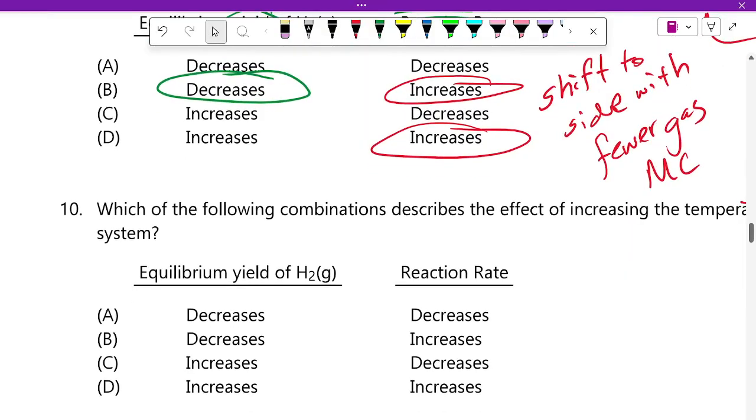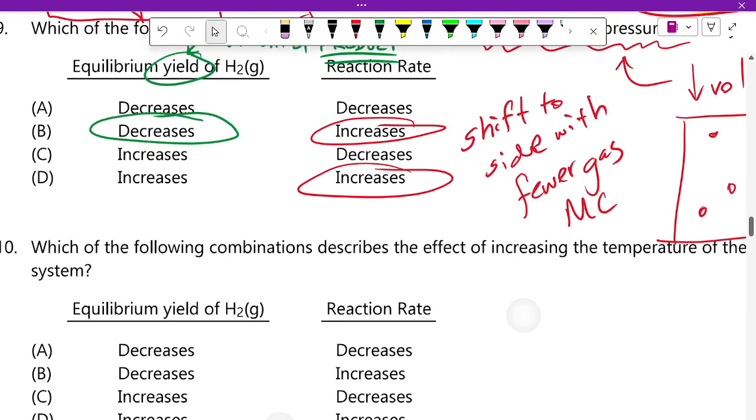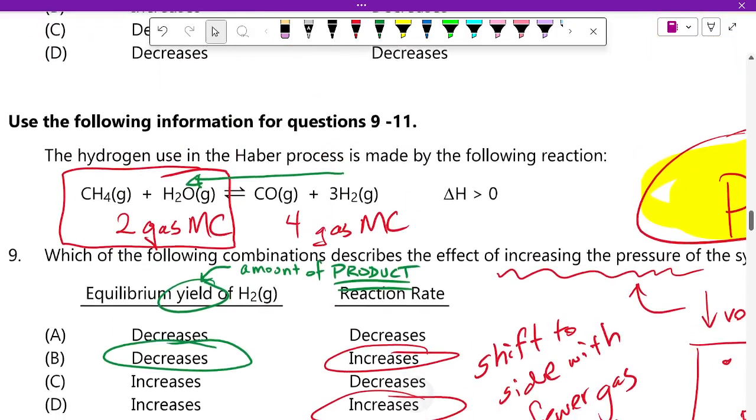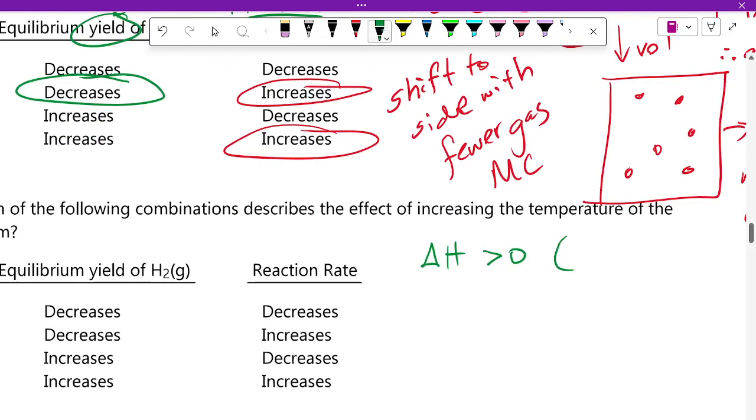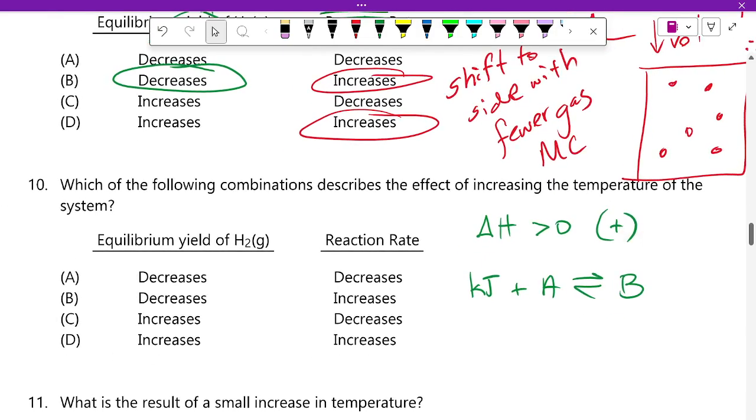Okay, which of the following combinations describes the effect of increasing temperature on the system? We have delta H is greater than 0, which means that it is positive. So that means I don't even need to write the whole reaction. I can just say, okay, I've got my heat term over here, my kilojoules are over here. And if we then increase the temperature, what happens to rate? It increases.